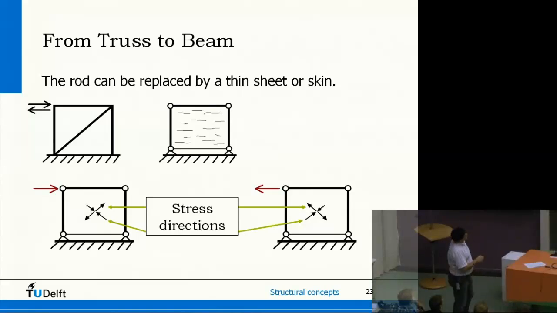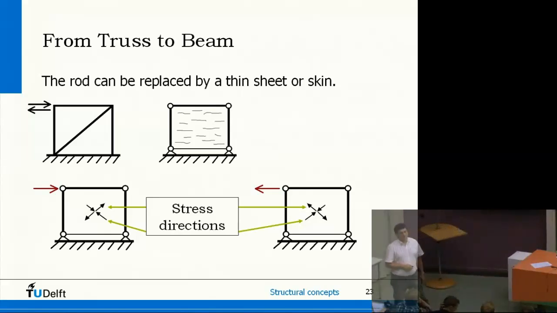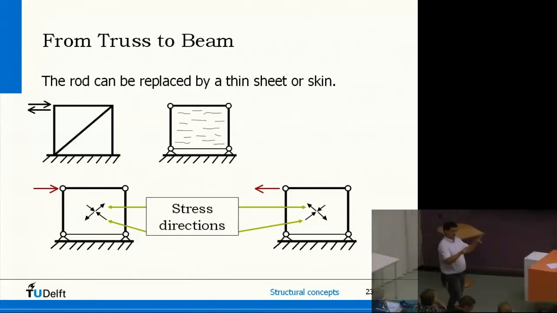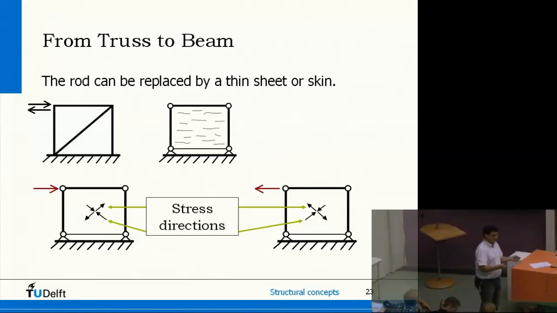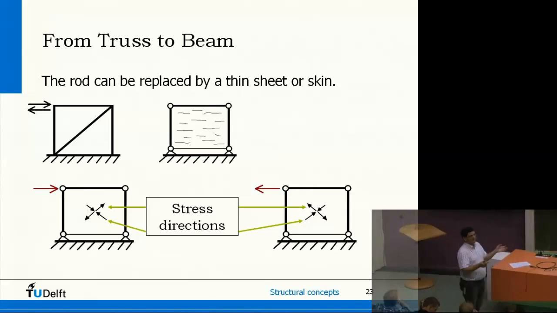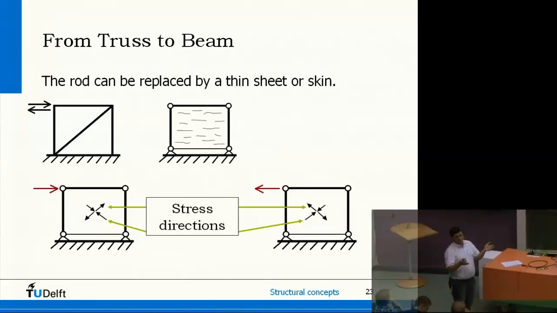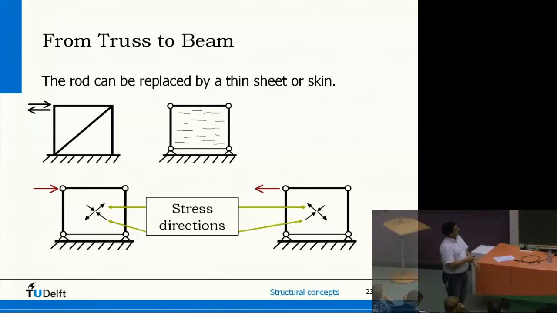What we also can do is replace this bar with a metal sheet which is taking up all the loads. And that's possible. So as soon as you have bars and you connect a sheet in between, you have also the same rigidity and strength as in this case.